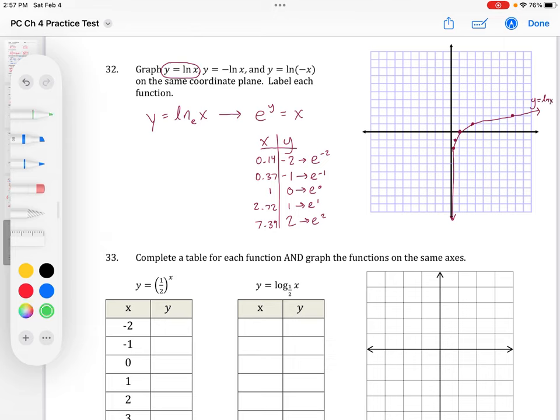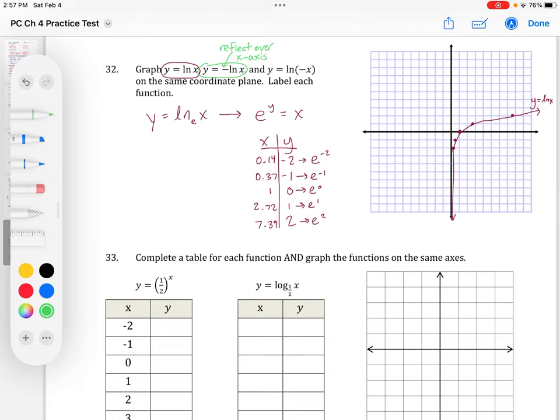Okay, the next graph I'm going to do is y equals the negative ln of x. And if you remember those transformations, that negative is just going to reflect over the x-axis. So we don't have to make a new table.